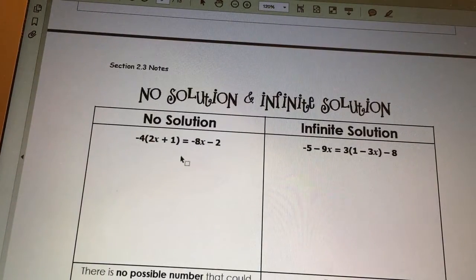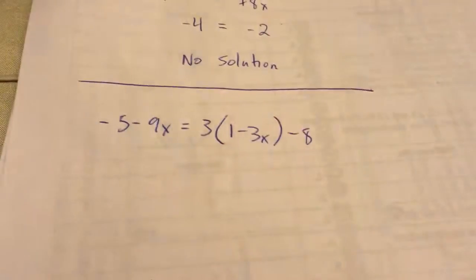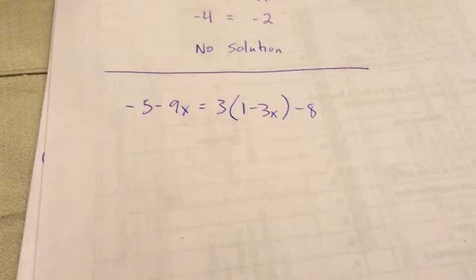Let's see what happens when we solve this one. So I'm going to recopy this over. And we have -5 minus 9x equals 3 times (1 minus 3x) minus 8. Okay. So, first step is to do what?